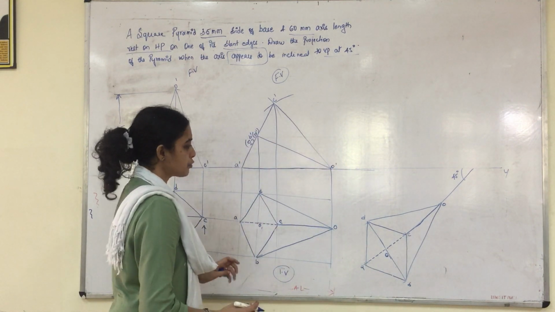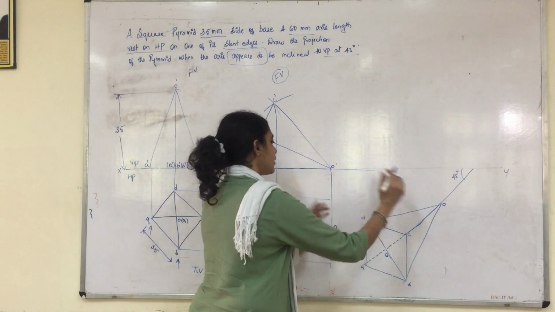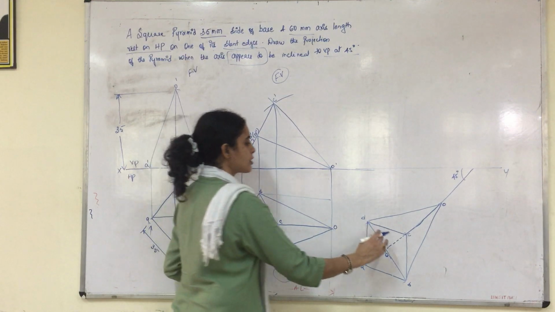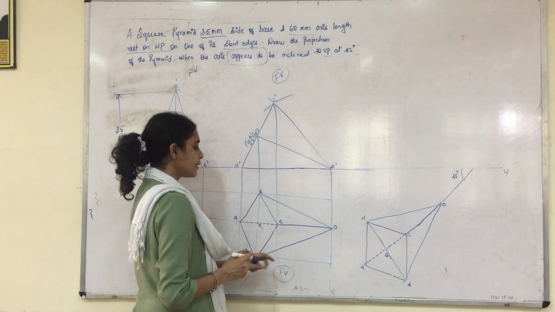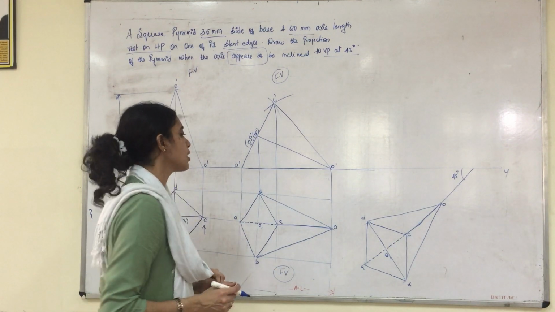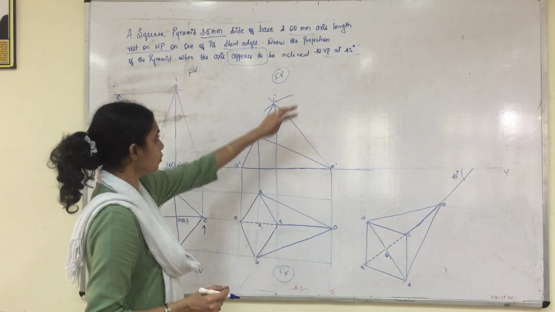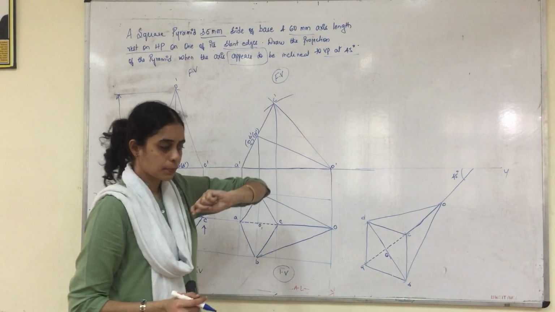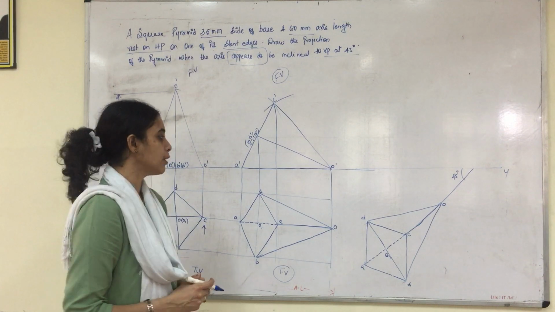So now we have shifted the top view for 45 degree to VP across our axis, which is our apparent length as per the second stage. So once we have shifted the axis of the top view for 45 degree to VP, now we should identify how the final front view looks like.